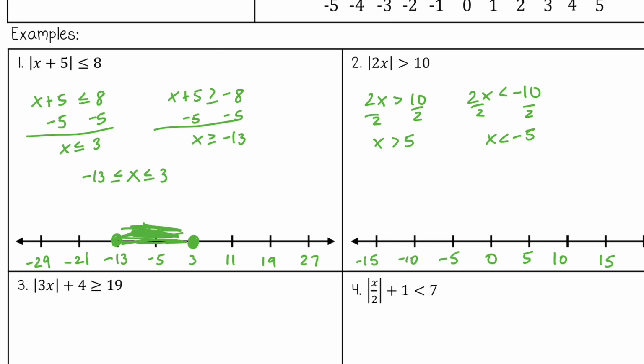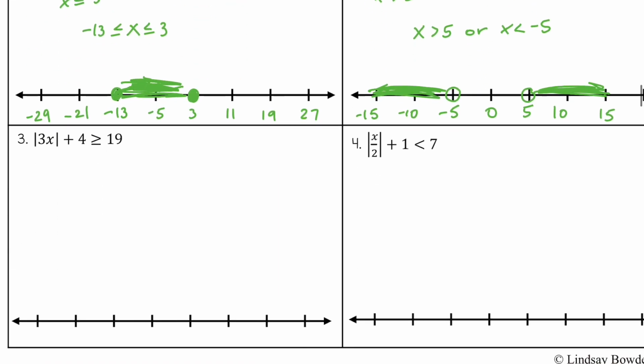It's greater than, not greater than or equal to, so open circle, greater than 5. And x is less than negative 5. So I'm going to shade here and shade here. And when you're writing that out, you can say x is greater than 5 or x is less than negative 5.